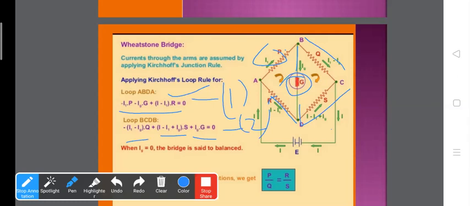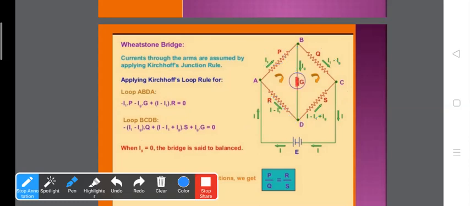Now, if IG equal to 0, that means there is no current flowing through BD, right? So we can find from equations 1 and 2: minus I1 into P plus (I minus I1) into R equal to 0, right?